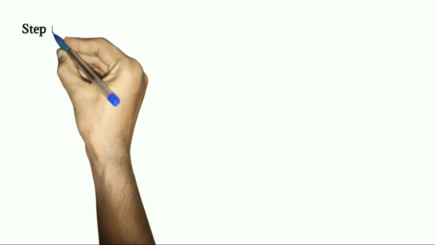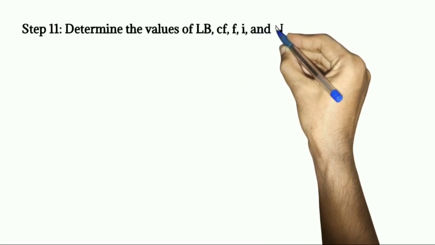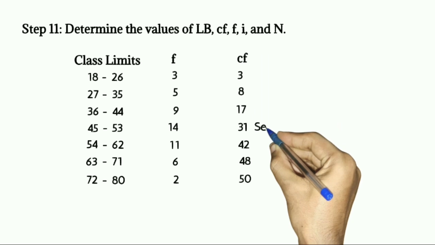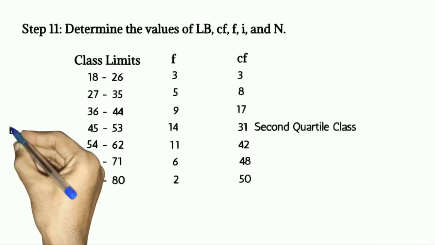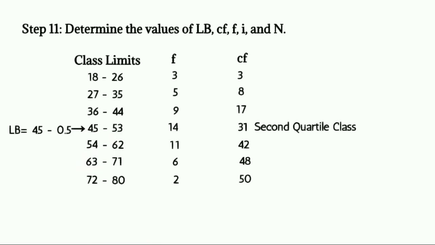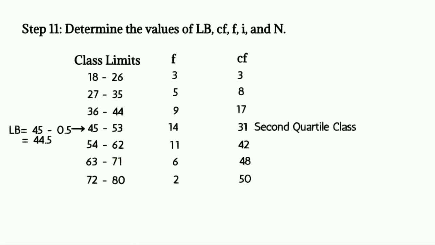After that, the next step is to determine the values of LB, CF, F, I, and N. Unahin natin yung LB. LB is equal to 45 minus 0.5. 45 minus 0.5, that is equal to 44.5.